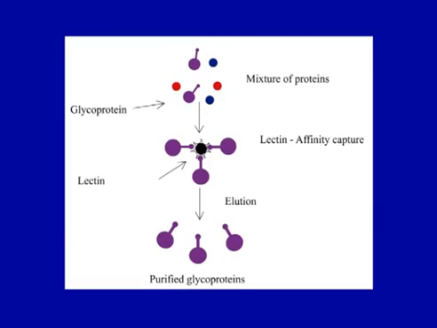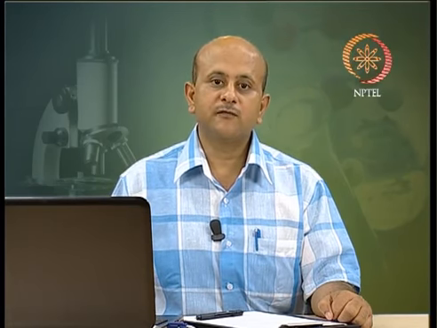If you see here, this is a very simple depiction: you have two kinds of molecules, one is glycoproteins, another are simple proteins. This is lectin, and so glycoproteins will bind, others will not bind in the mixture, and then you can elute it by having the monosaccharide, or different methods you can use for elution. So, this is a very simple depiction of this particular chromatography technique.